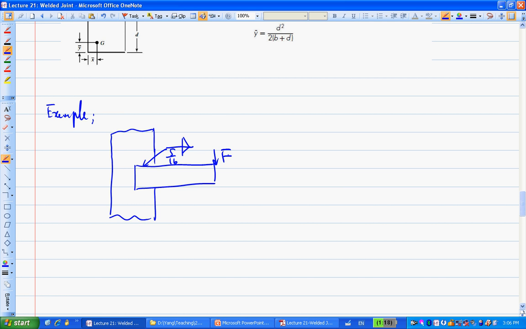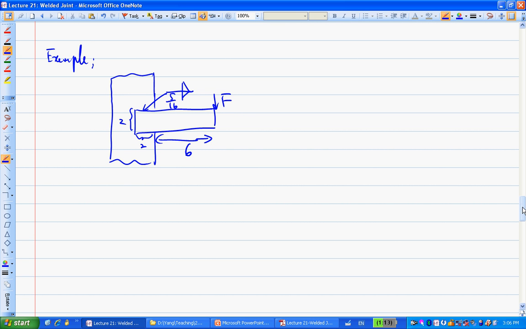This is 2, this is 2, this is a 6, like this. So let's calculate the stress at the critical location. Then next lecture we'll look at the strengths there.